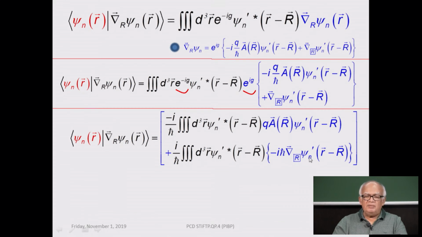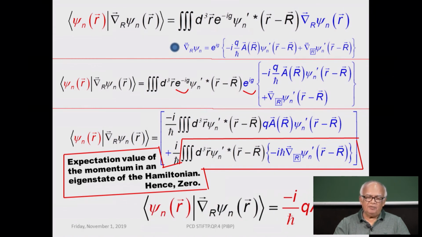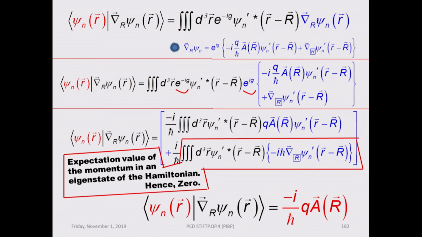And what I have in the second term is nothing but the expectation value of the momentum operator of the full Hamiltonian, but the momentum operator and the Hamiltonian do not commute. Okay. So you will need a full superposition and this expectation value of the momentum operator will vanish. So the second term vanishes and the first term exploits the normalization integral.